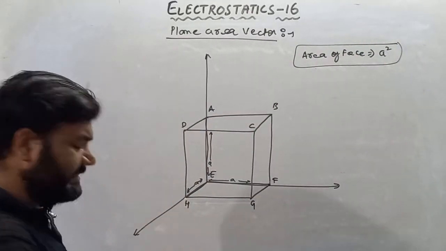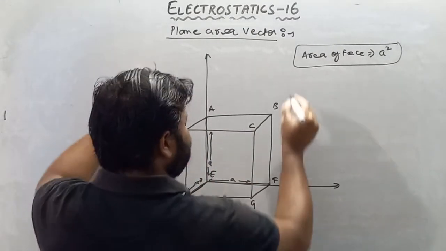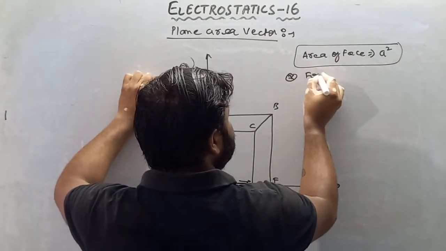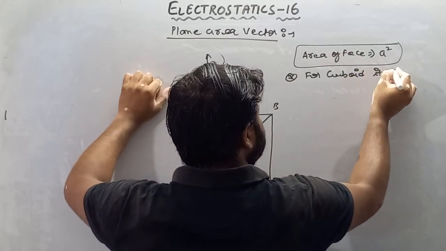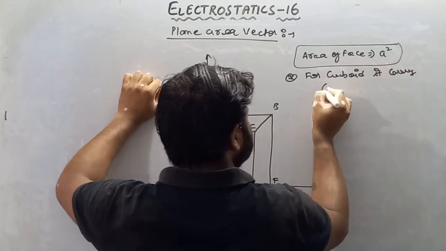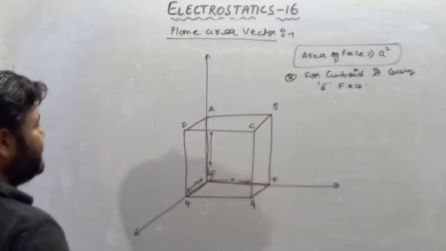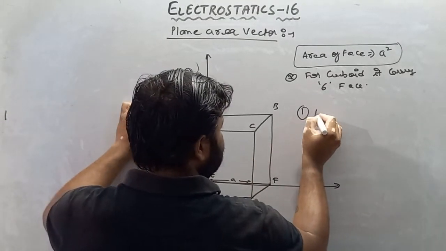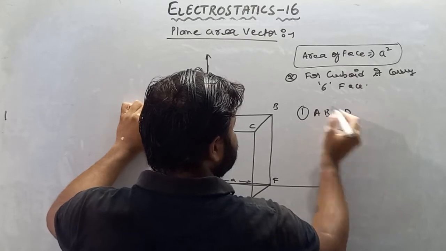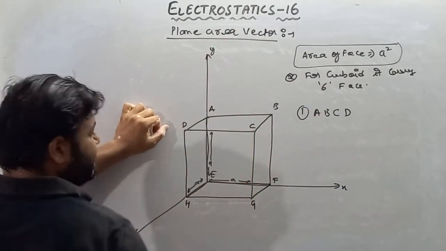And we know that any cuboid carries 6 faces. I'll write here for cuboid it carries 6 faces. So I'll write their faces. One is A, B, C, D. Now see, my dear student, this is x-axis, this is y-axis, this is z-axis.